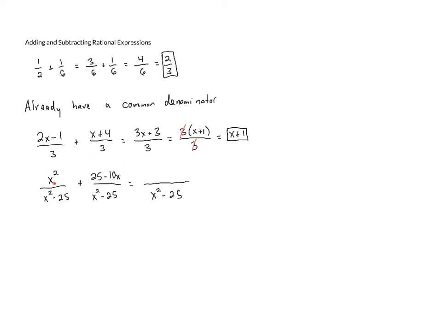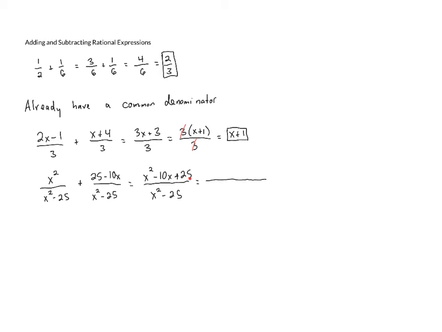Now, because there's no like terms in the numerators, we're just going to transfer the numerators over, and I like to put things in standard form, so I'm going to put the x squared first, and then the negative 10x, and then the positive 25. That's going to be helpful for us in the next step, because at this point we want to see if we can simplify the expression, and to simplify we need to factor, and things are usually easier to factor when they're in standard form.